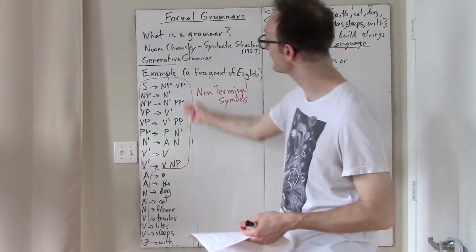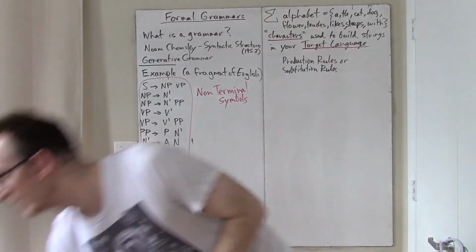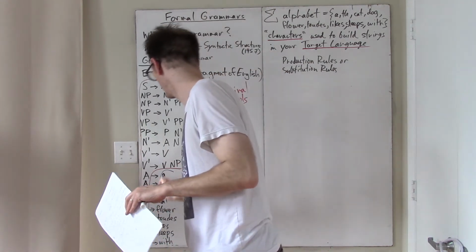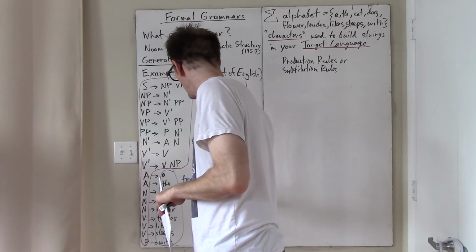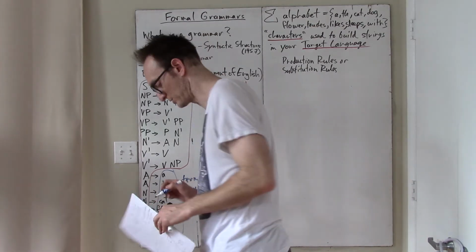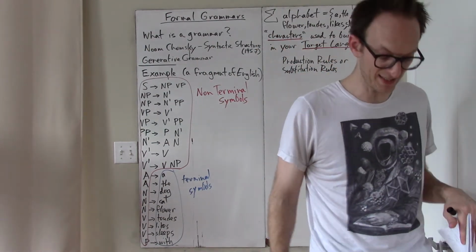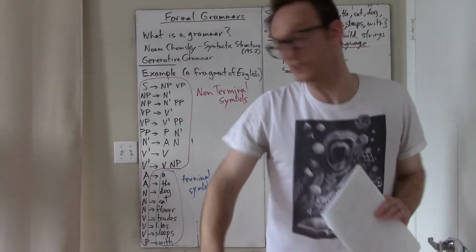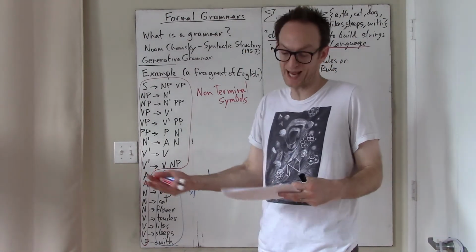They're intermediate on the way to the other kinds of symbols, which are the terminal symbols. This is the language that people use and the language that Gossett uses. What is a terminal symbol? It's just a symbol which is expected to be one of the symbols of your target language.